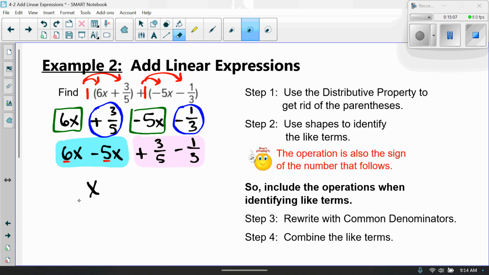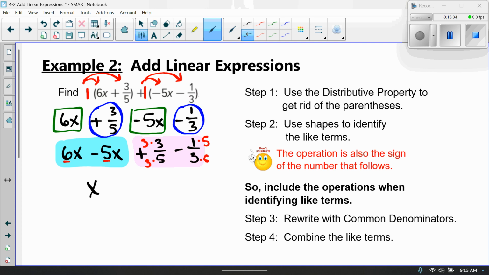And now before we continue with the next one, we have to get common denominators. So the common denominator with 5 and 3 is 15. So we're going to multiply the first fraction's numerator and denominator by 3. And the second fraction, we're going to multiply by 5 in the numerator and the denominator. Okay? So let's rewrite that.